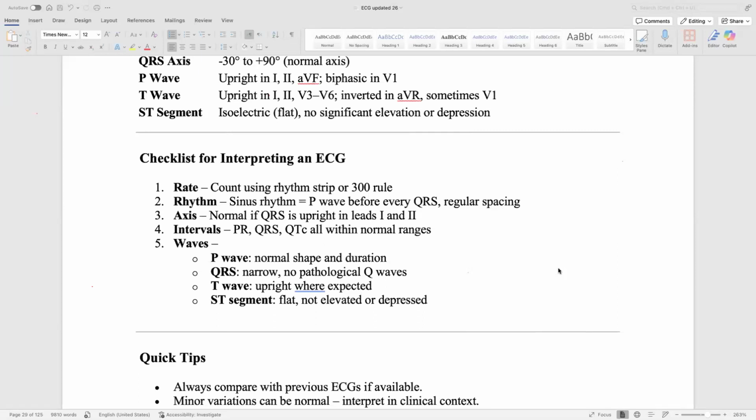Both should be up in 1 and 3. This is normal. If both are pointing towards each other, this is right. If both are away from each other, this is left.